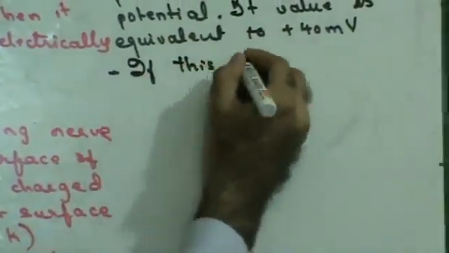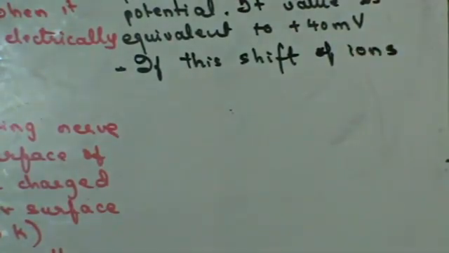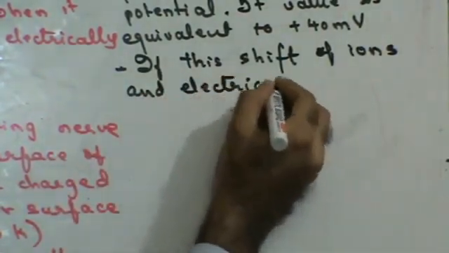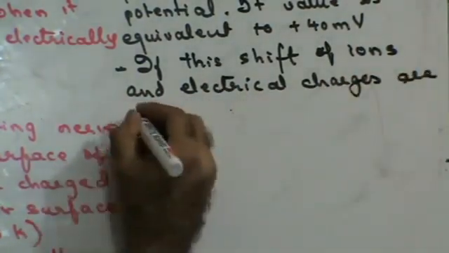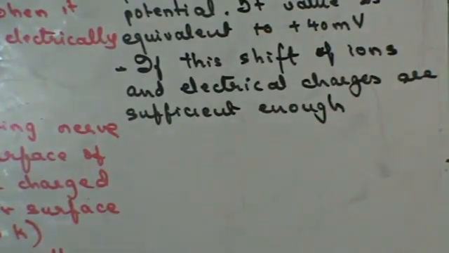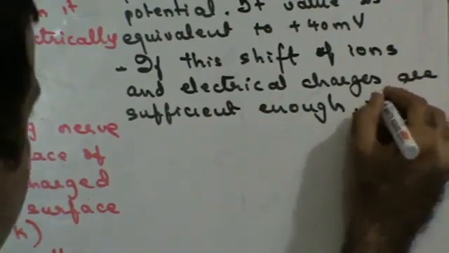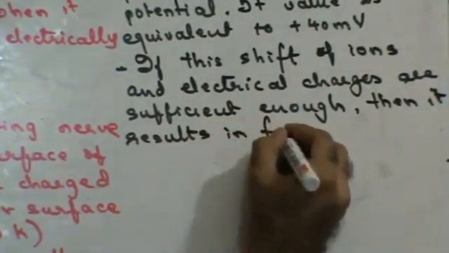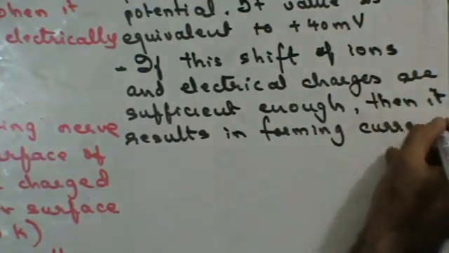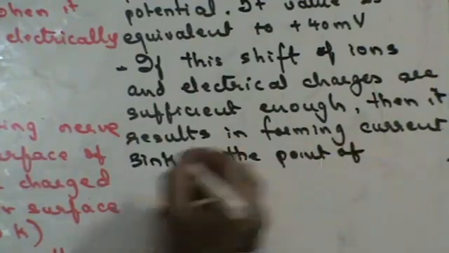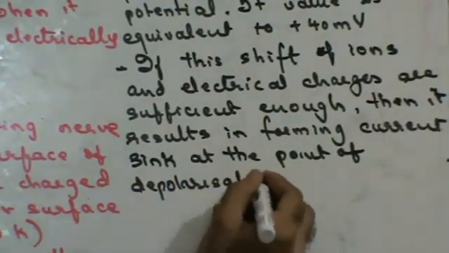If a sufficient amount of ions are moved inside and the electrical charges are sufficient enough, then it results in the formation of a current sink at the point of depolarization.